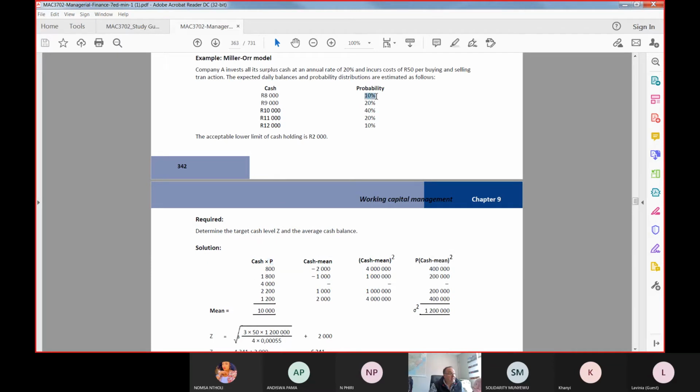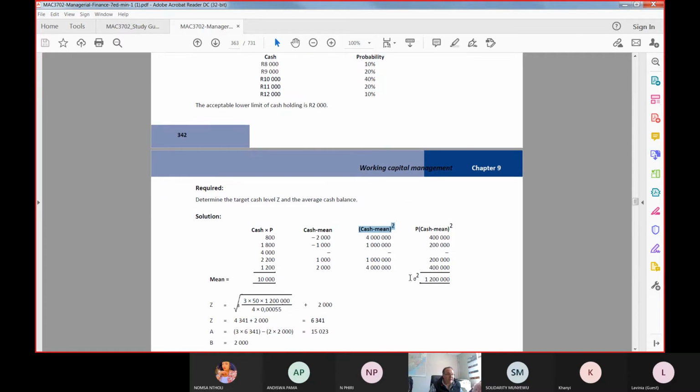The probability is 10% of 4 million, which is 400,000. 20% of 1 million, 200,000. 40% of 0 is 0. 20% of 1 million, 200,000. 10% of 4 million, 400,000. We add everything up, it comes to 1,200,000. Just remember that the squared amount here is the cash need that we have here, and then the P is a probability value.